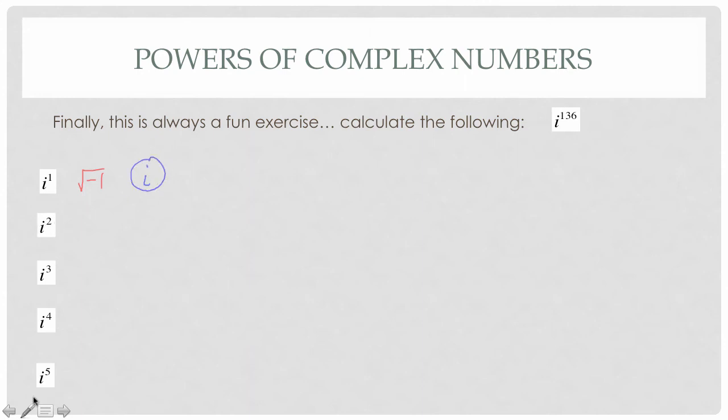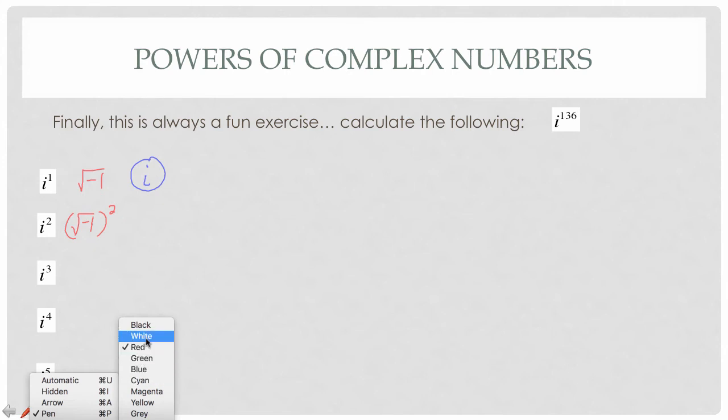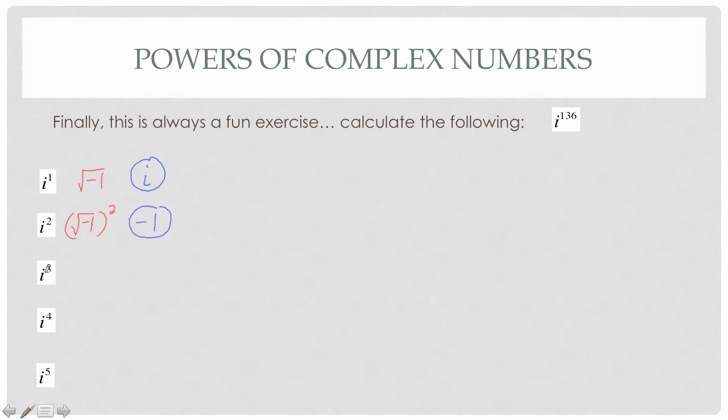i squared then, and we've already dealt with that, is the square root of negative 1 squared, and so that just becomes negative 1. Now what if I keep on going? What is i to the third power?